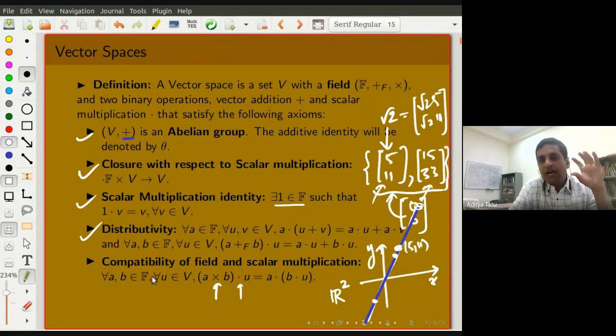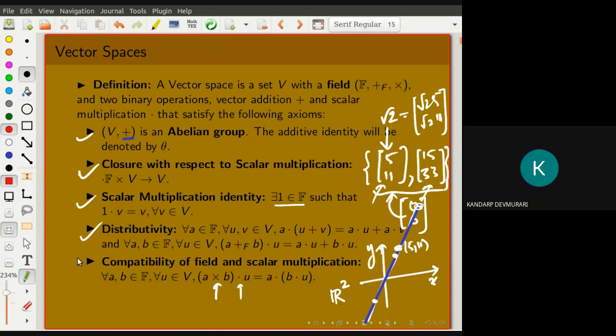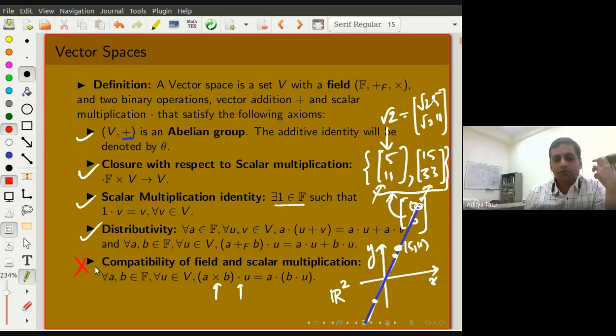But remember, the larger set is already given to you to be a vector space. So which of these axioms do I not even need to care about if I want to see whether a subset is a subspace? The last one, compatibility, is of course guaranteed. How about distributivity? It is also guaranteed, so let's not check that. Scalar multiplication identity?